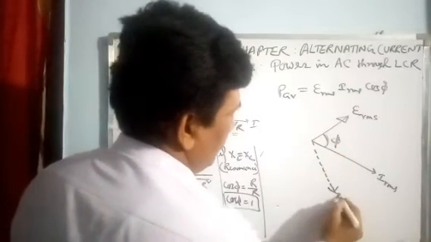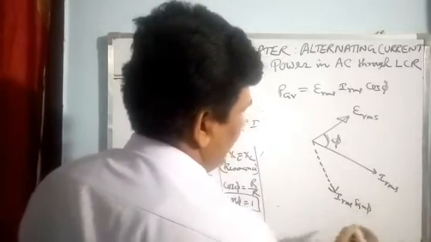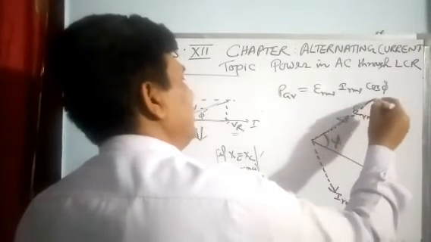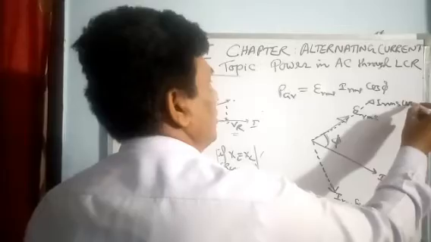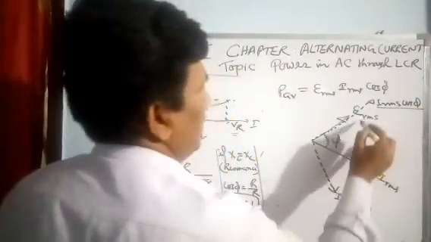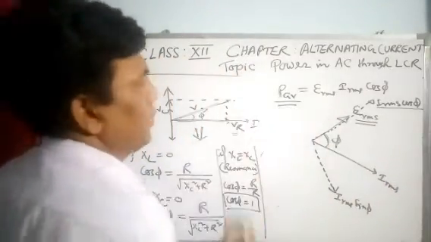It will be IRMS sin phi. And this component will be IRMS cos phi. So this IRMS cos phi, product with the ERMS, gives the average power.